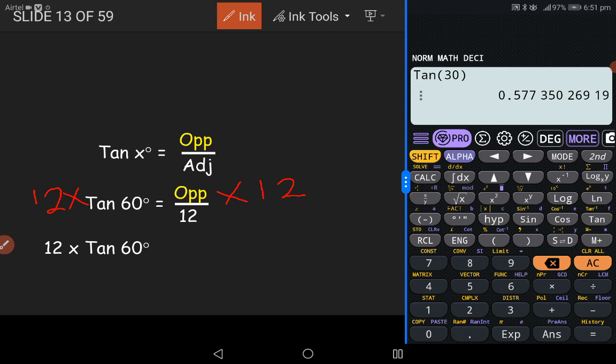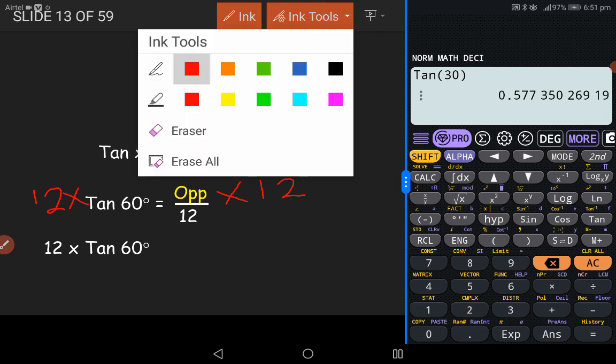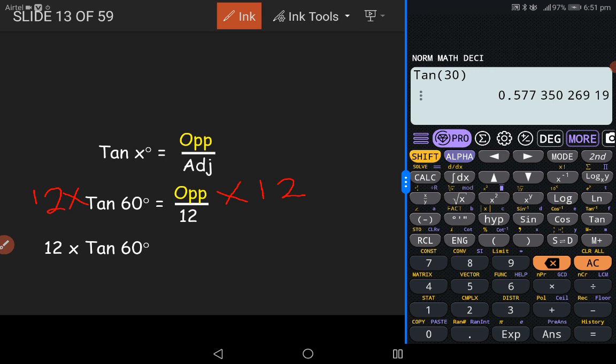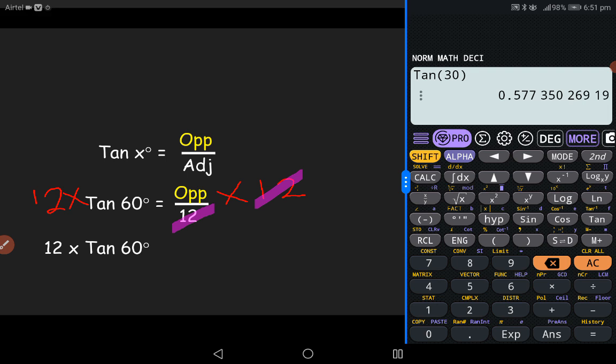The 12 and the 12 will cancel each other, and now you have 12 times tangent of 60 giving you the height, which is the opposite side.